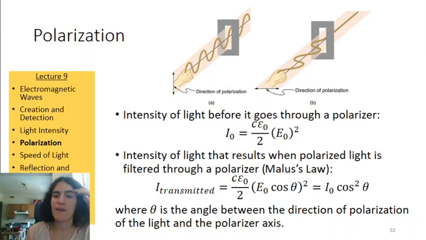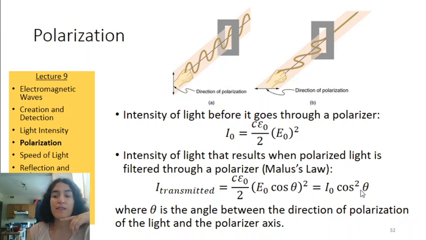If the amount of the electric field that passes through from one polarizer to another is only represented by the component of the electric field in the y direction, then I need to replace this with E naught times cosine of theta.